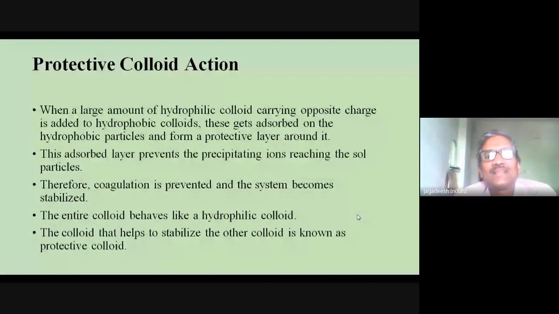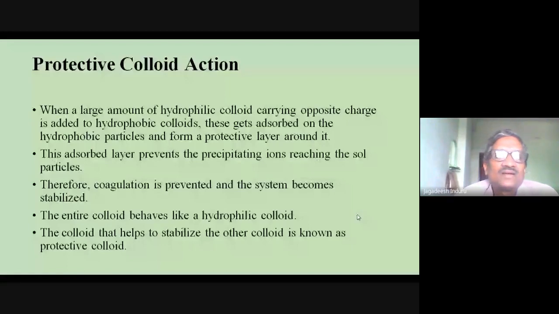It means the predominant effect in that case is the solvent sheath effect, and electrolyte will not disturb it as a prime phenomenon. So this is what we are able to see, and you are going to have a thermodynamically stable system. This adsorbed layer prevents the precipitating ions from reaching the colloidal particles. Therefore, coagulation is prevented and the system becomes stabilized.